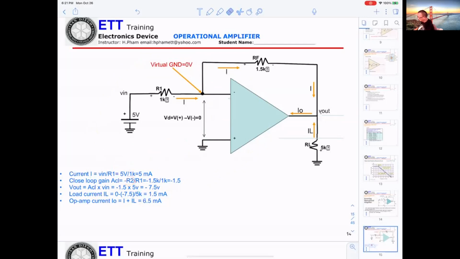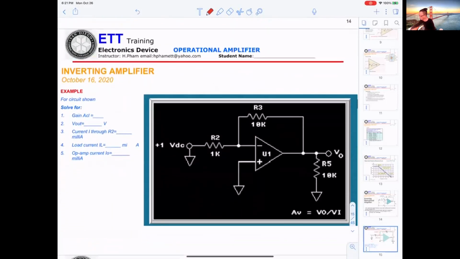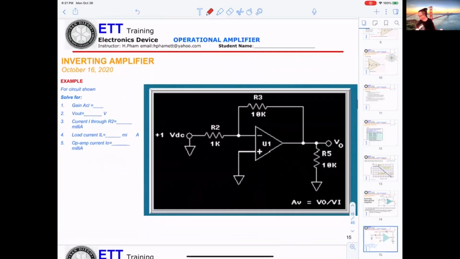If you understand that, it's really very easy. Now you do this for me. For this inverting amplifier, the first thing they want is the gain ACL.